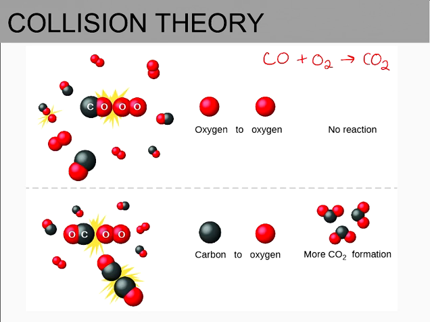So I'm going to double the carbon monoxide molecule, just so we have an even number of oxygens on the left-hand side. Now we have 4 oxygens on the left and only 2 on the right. So let's double the number of oxygens on the right. And we're also doubling the number of carbons, which matches what's on the left. So we have a balanced equation.